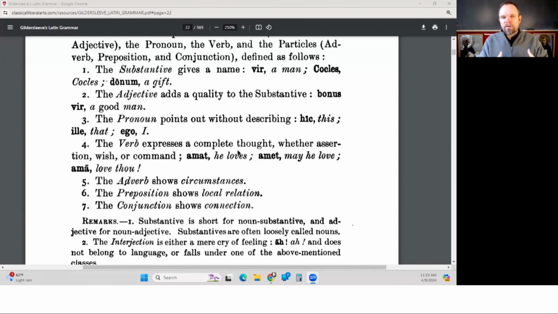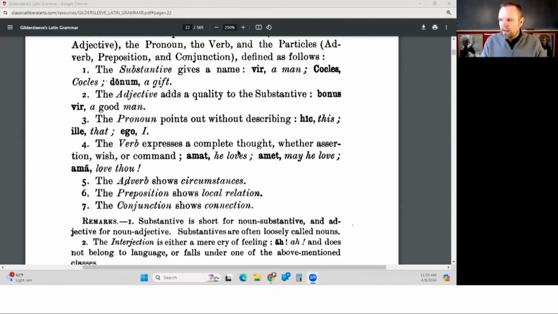And that's why it's called the word, because it's the essential word of a sentence. You don't have to have a noun to make a sentence. You don't need a pronoun or an adjective or a substantive to make a sentence, but you must have a verb to make a sentence. The verb is the essential word that makes a sentence, and so it's referred to as the word as one of the parts of speech.